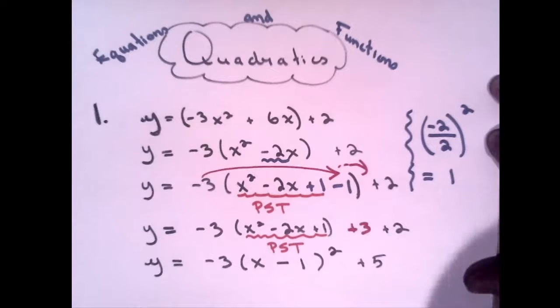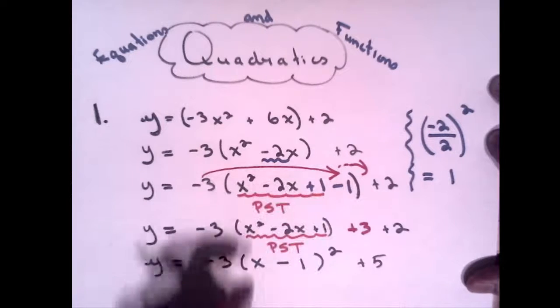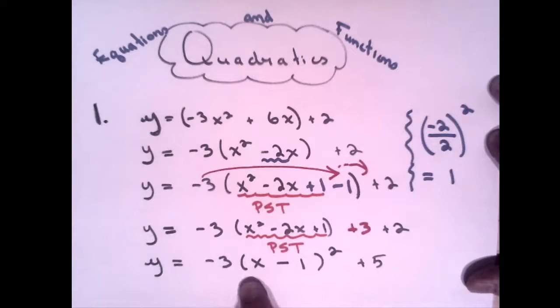All right, so how do you check if your PST is correct? You can go backwards. This is what we would call a binomial squared. See, a binomial squared becomes a trinomial here, and to undo that trinomial, you can PST back to binomial squared. Here's the check. Take this first term, x, multiply it by itself. X times x gives x squared.